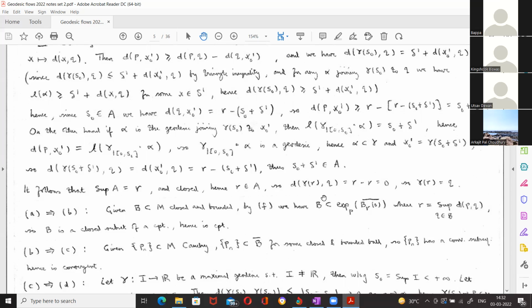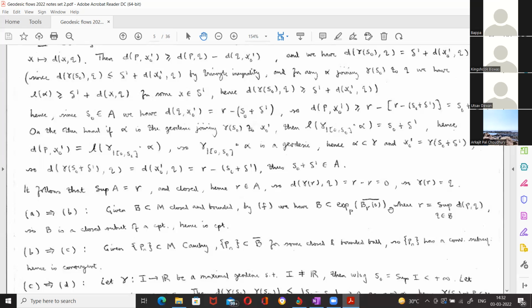So the set B will be contained in the image under the exponential of a closed and bounded ball in the tangent space, B_R(0) closure, where R is the supremum of the distance from P to Q over points Q in B. Is this clear?